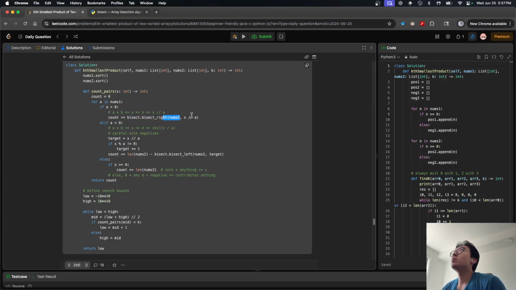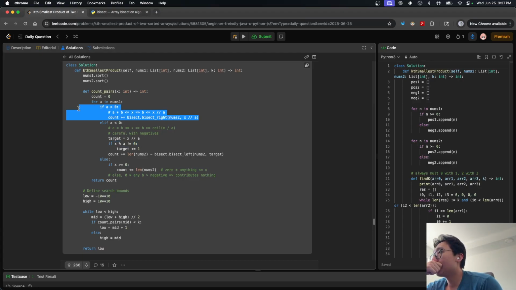Bisect numbers, and then we find this is the target, and then if it is less than zero, we did the modulo. So x mod a not equal to zero. I wonder why we had to use it in here.